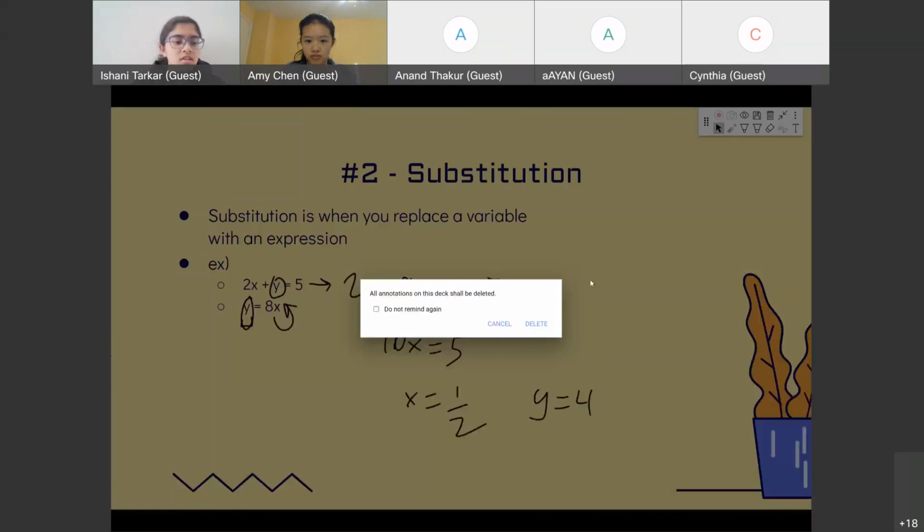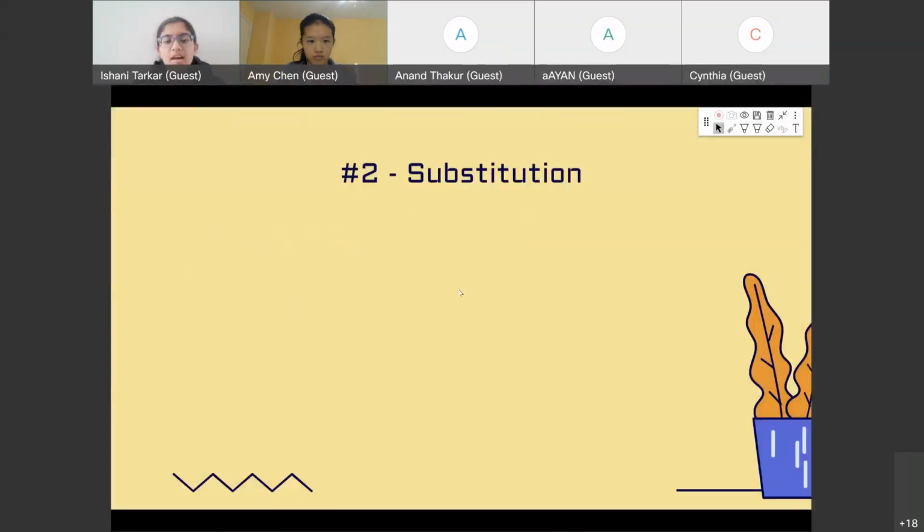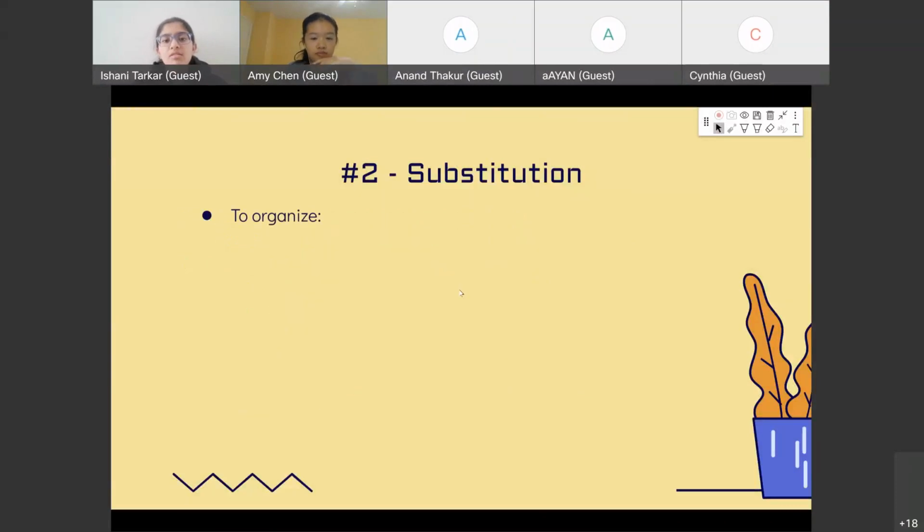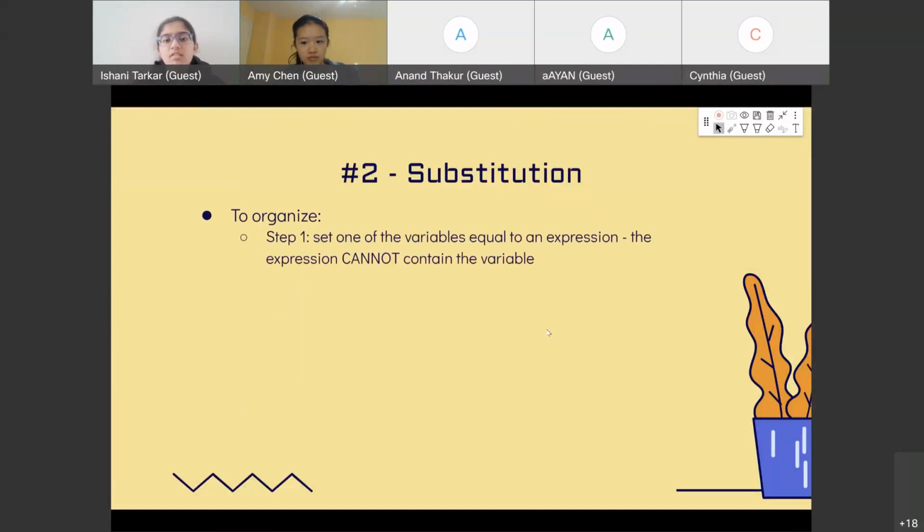And then the third method is, so for substitution, you need to organize your steps. Step 1, you set one of the variables equal to an expression, and that expression cannot have the variable itself, because if you have y is equal to 2x plus y, you can't plug that into something else, because you're still going to have that y variable, right?